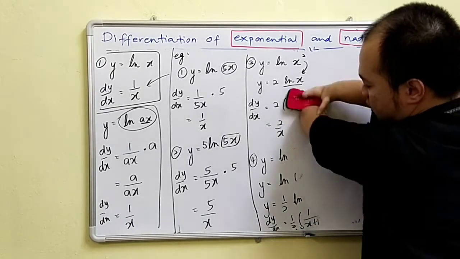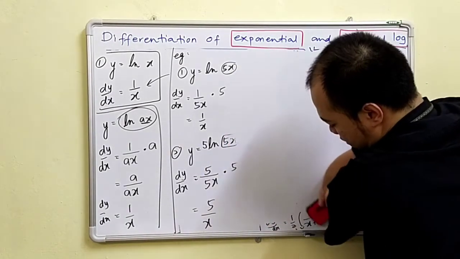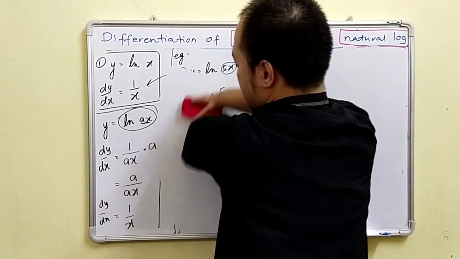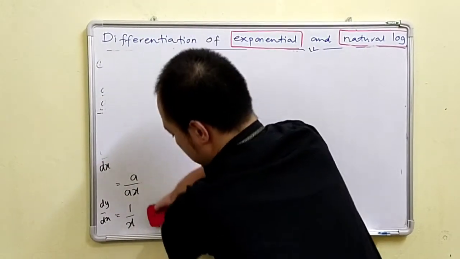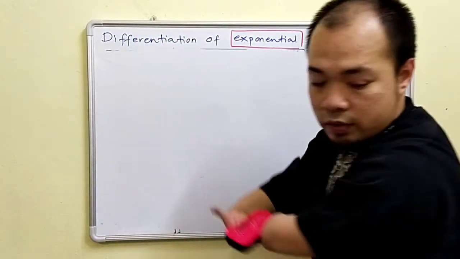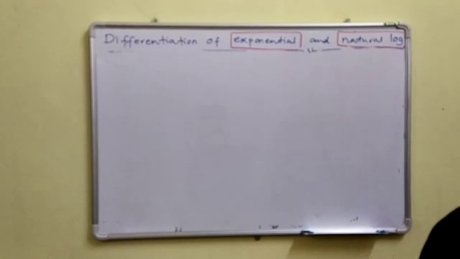For this natural log, it is recommended for you to revise all the properties of log in the previous chapter, in chapter log. Revise the properties of log first, and then try to do this type of question.